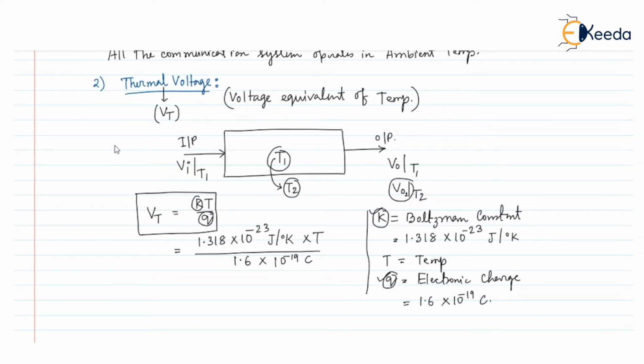So if we calculate this equation, we will get capital T divided by 11,600. So we get a VT equation like this: T divided by 11600, and the unit of this equation will be volt.